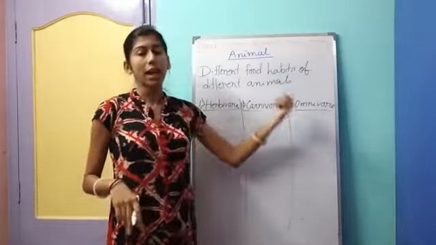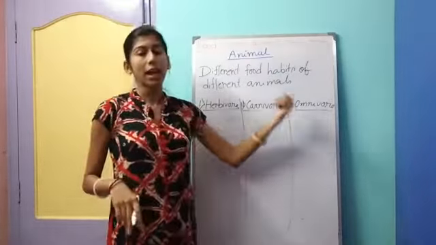So who are called herbivore? Animals who eat only plant or plant products are called herbivore. Animals who eat only animal products are called carnivore. And animals who eat both animal and plant are called omnivore.